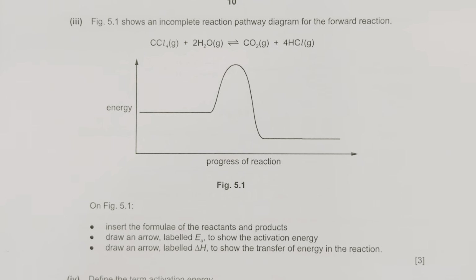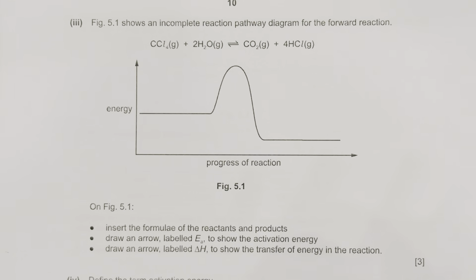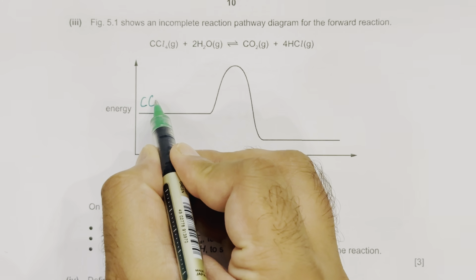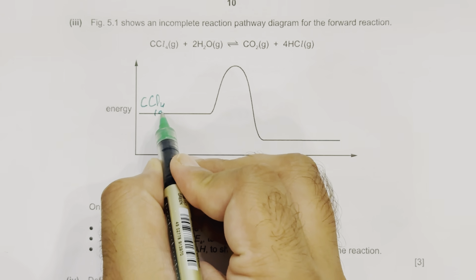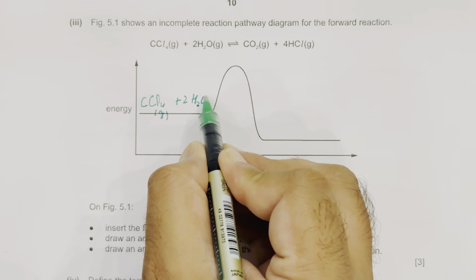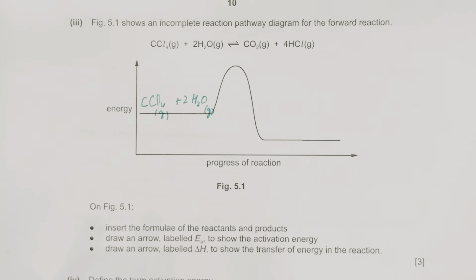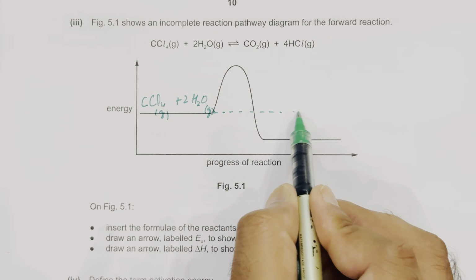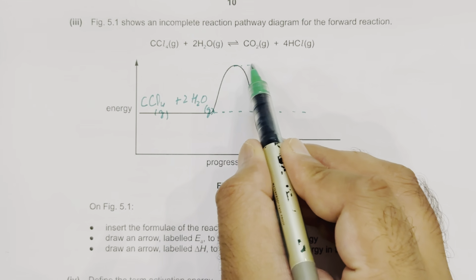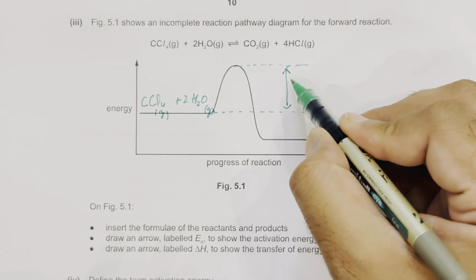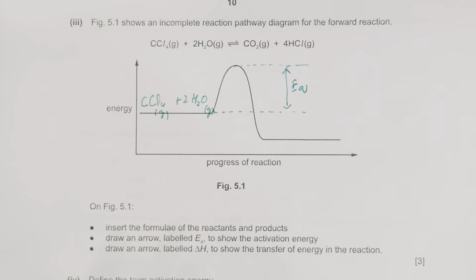First we need to write down the reactants, that are CCl4 in the gaseous form plus 2H2O, that is also in the gaseous form. Now we will draw the line like that, and this line would also be like that, and their difference we call the activation energy EA.